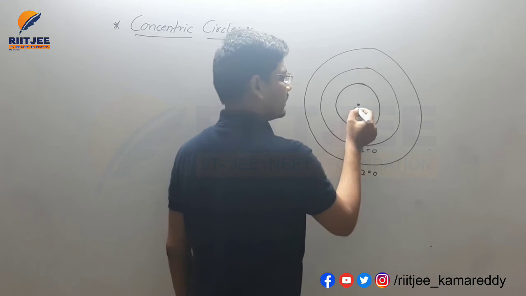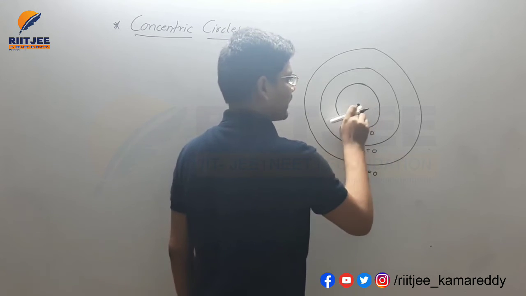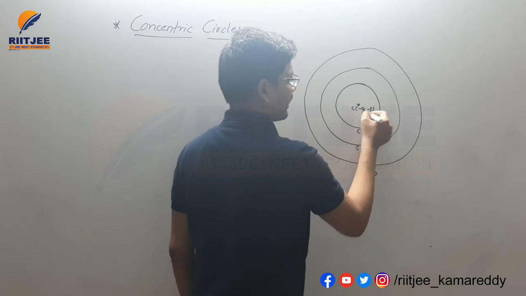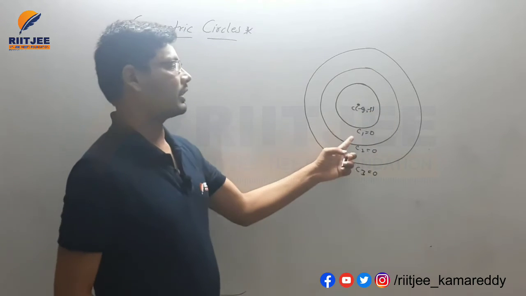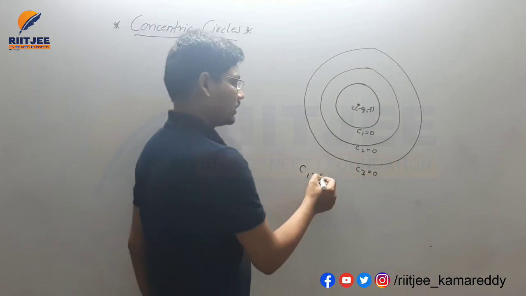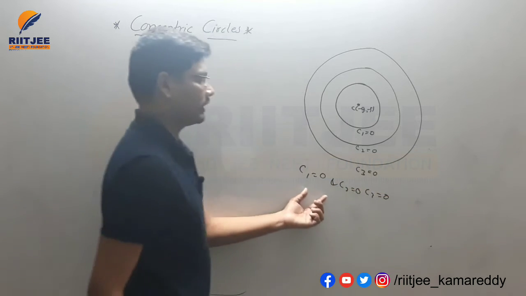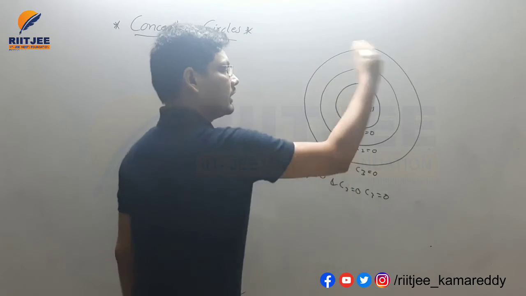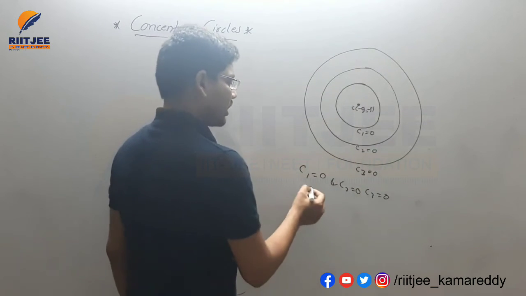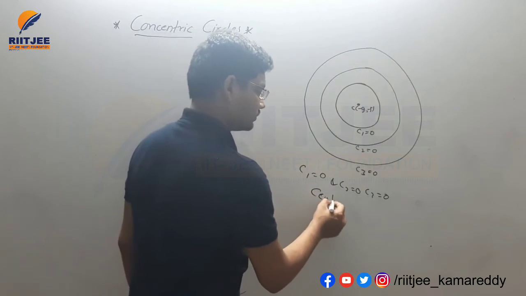The center is minus G comma minus F, or H comma K. Here the center is common for all the circles, C1 equal to 0, C2 equal to 0 and C3 equal to 0.